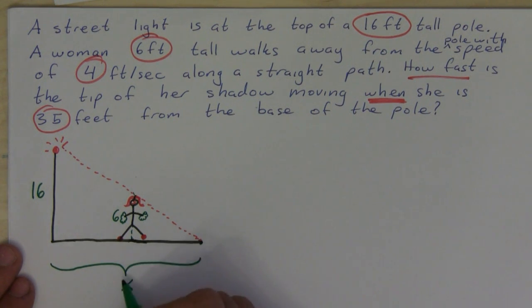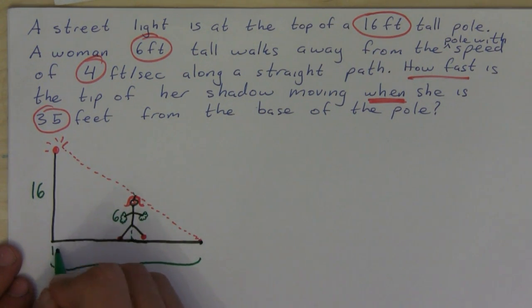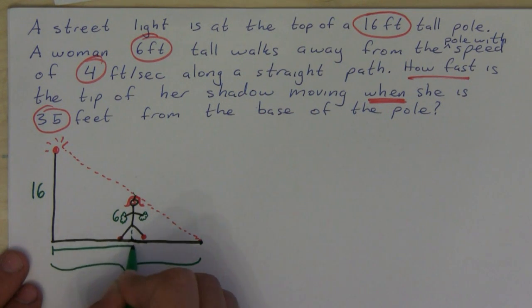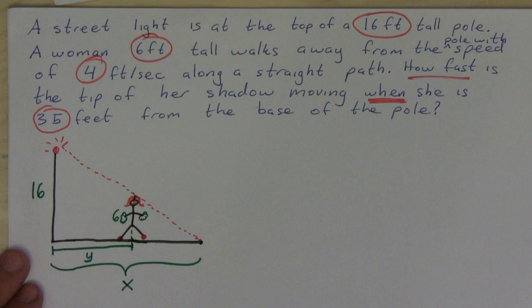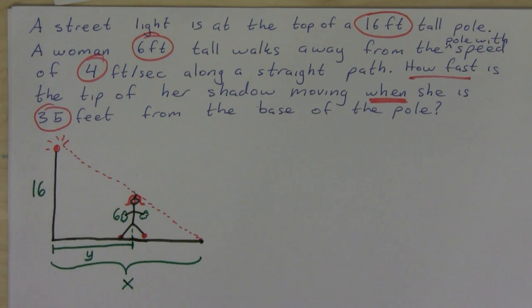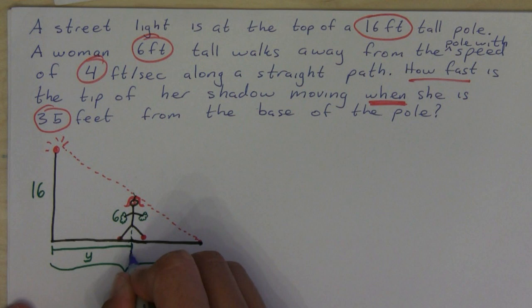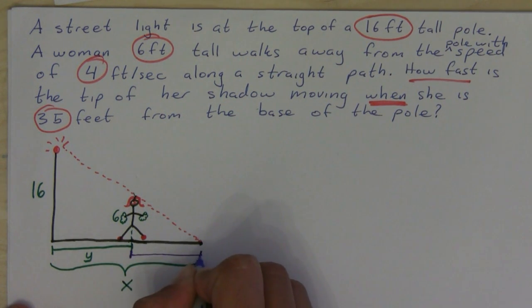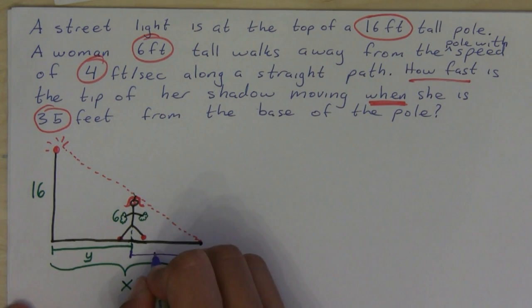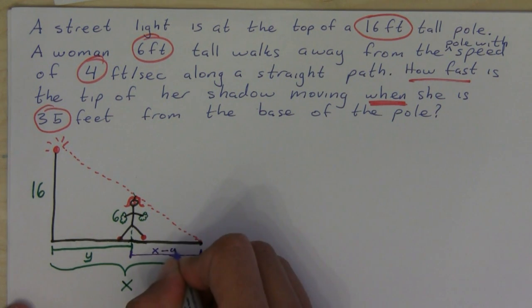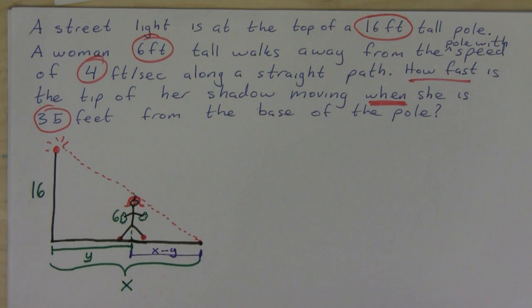So we'll label this distance x, and let's label the distance from the pole to the woman y. And if we do that, then this little distance right here from the woman to the tip of the shadow is going to be x minus y.